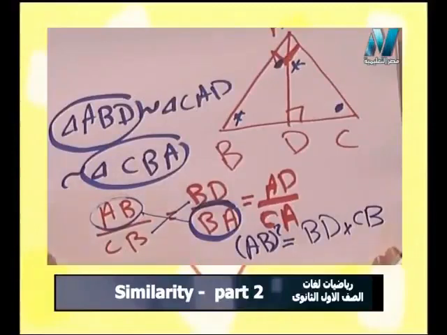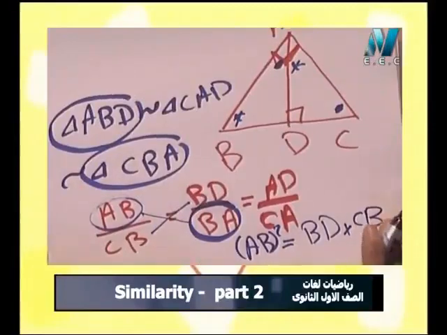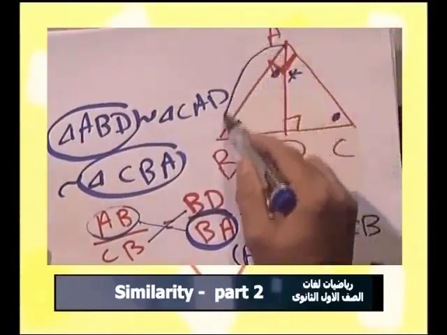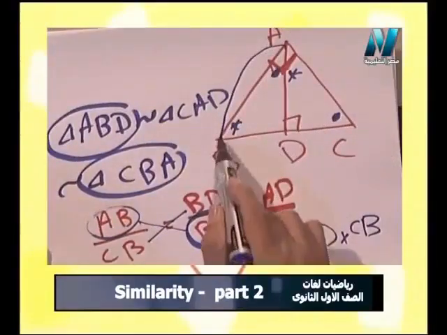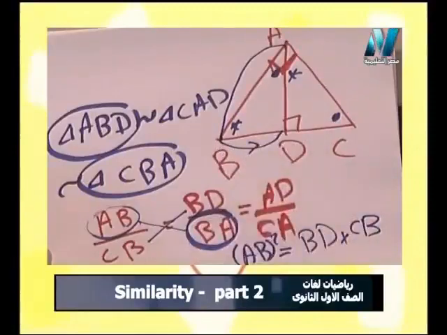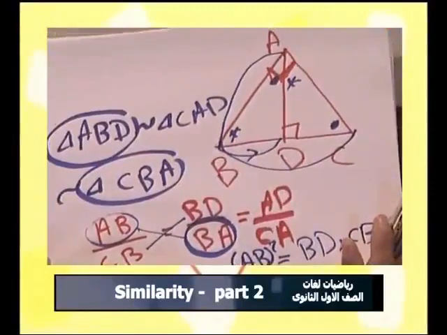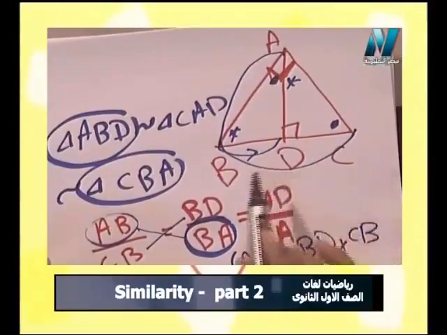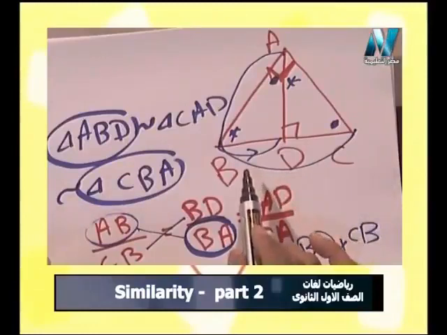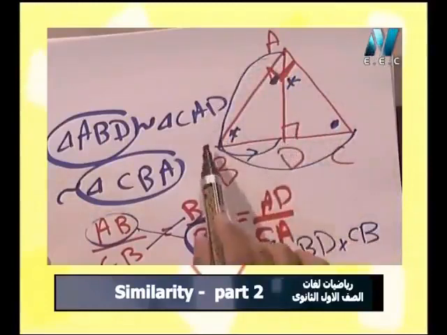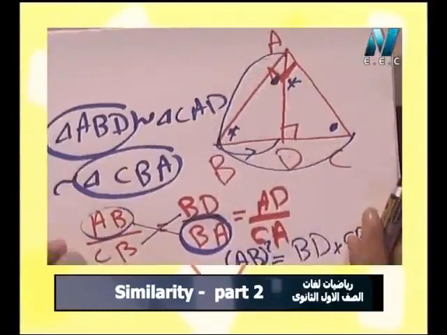When we look at the figure again, AB power 2 equals BD multiplied by BC. It's also the Euclidean theorem, and we proved it now from similarity. We have AB power 2 equals BD multiplied by BC.